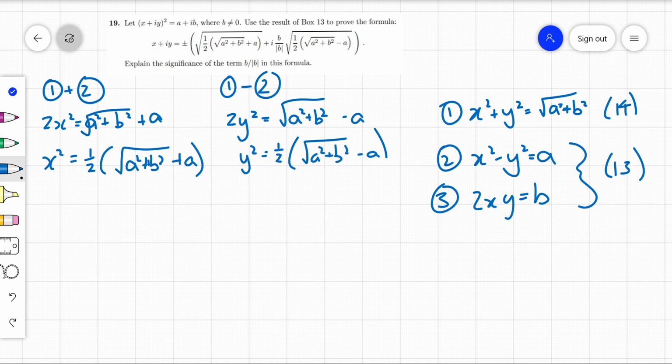Alright, if we have a look at equation 3, you can see that if x and y are both positive, then b is positive. If x and y are both negative, then b is positive. If one of them is negative, then b is negative. So b is going to be the sign here. So if I make x positive, I square root this and get a half of all of that.